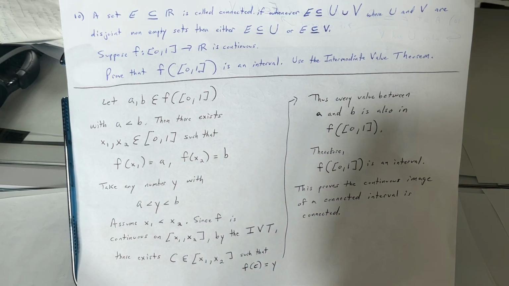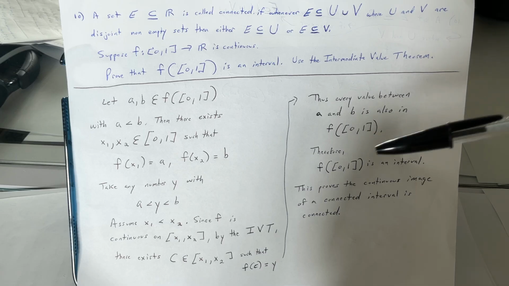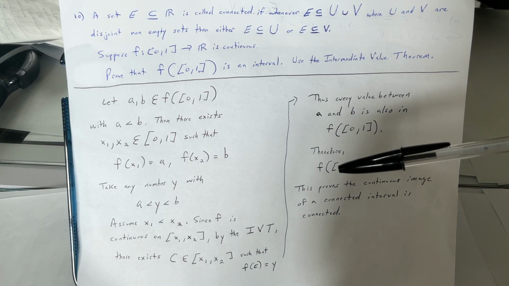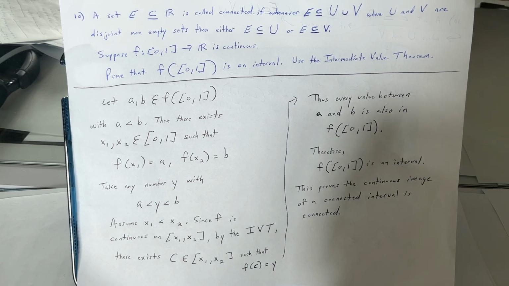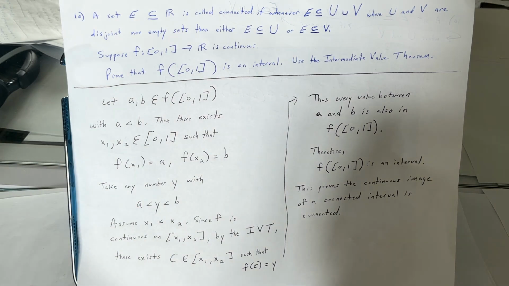Thus, every value between A and B is also in F of the interval 0 to 1. Therefore, F of the interval 0 to 1 is an interval. This proves the continuous image of a connected interval is connected.